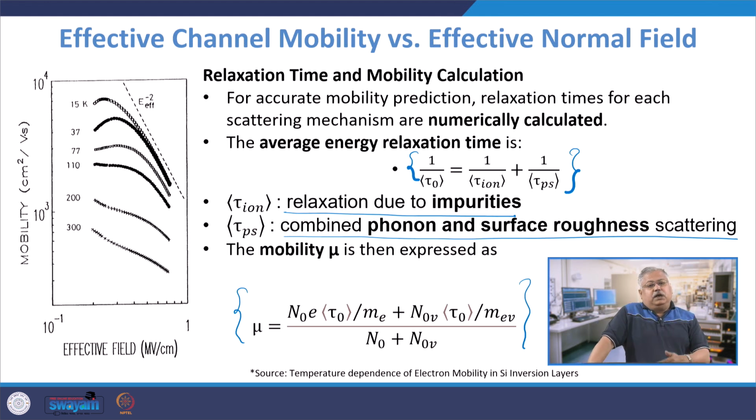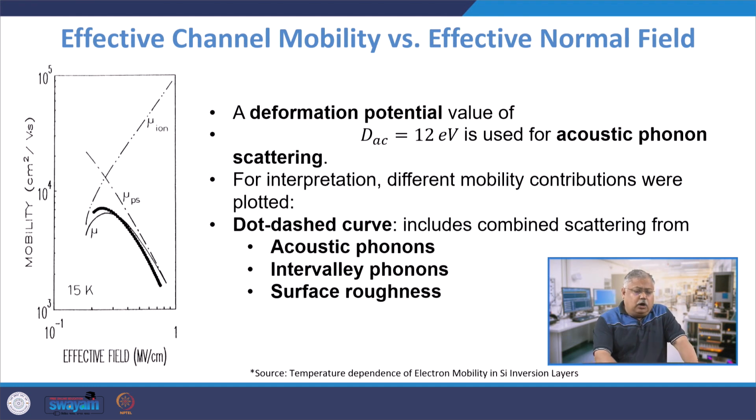We define mobility using Matthiessen's rule, taking into consideration the independent mobility of phonon and surface roughness. But if you want to find the value of mobility through the time constants, then this is what you get, right. It is n0 e tau 0 over m e plus n ov tau ov over m e, upon n0 plus n ov. This gives you the effective value of the mobility. We need not go into much detail, just for information's sake you should know.